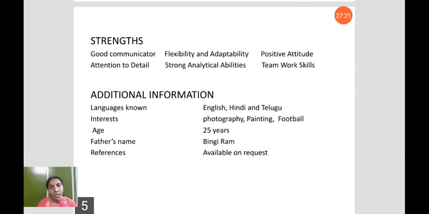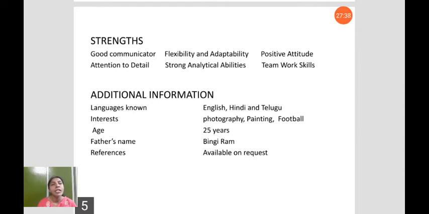So before writing the interest, try to write something that appeals to you, so that you can generate interest and gather information on what you have written. So be loyal to yourself.